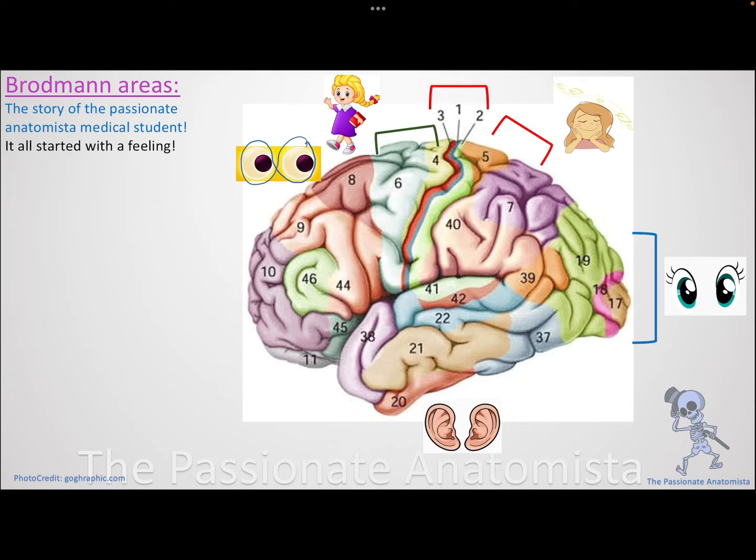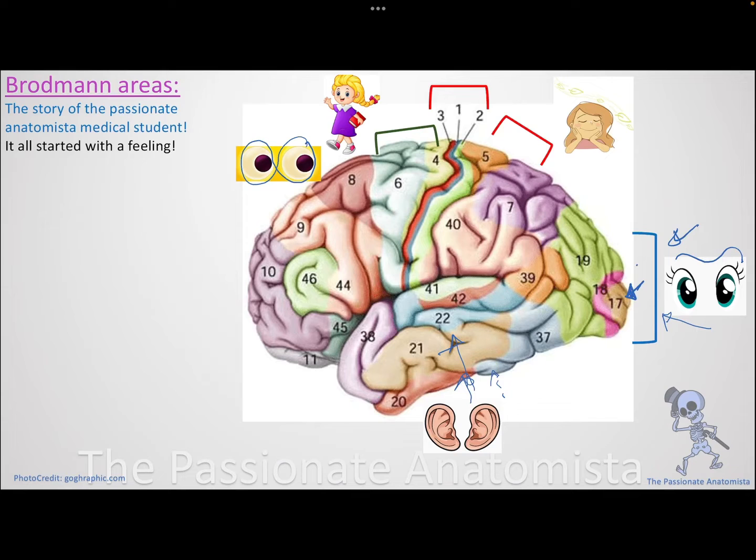All right, now here I made this for you guys to remember that the occipital lobe is for visual processing and memory, and the temporal lobe is for auditory. Another thing, remember when I told you we always give the first numbers for the primary sensation.